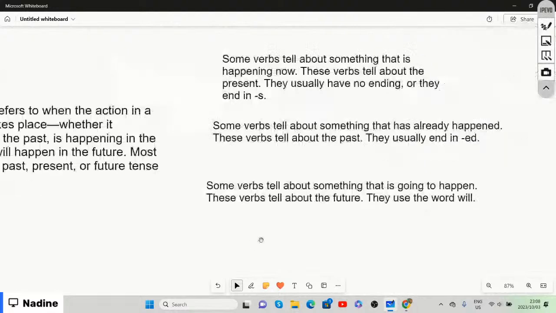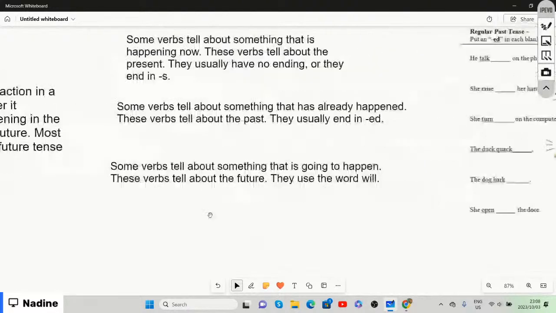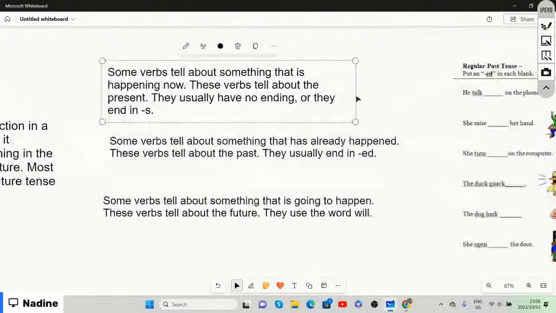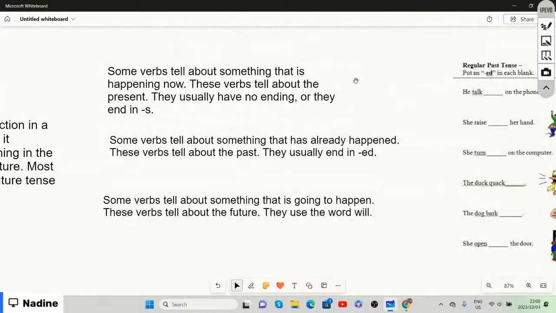All right, so if we break down our different verb tenses, some verbs tell about something that is happening now. I made an example where I said that you are listening now, or you are watching your screen now, or if you are typing, then you are typing.